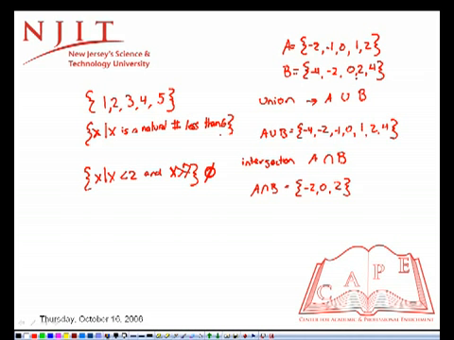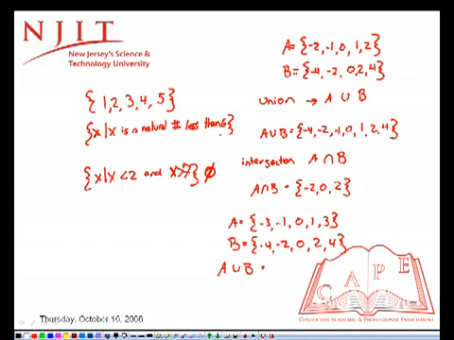So here's another practice problem. Let's say that A is equal to -3, -1, 0, 1, 3. And B is equal to -4, -2, 0, 2, 4. Now, we are asked to find this.